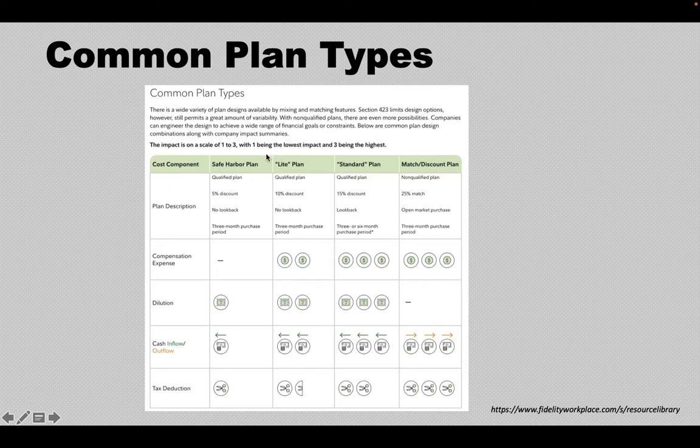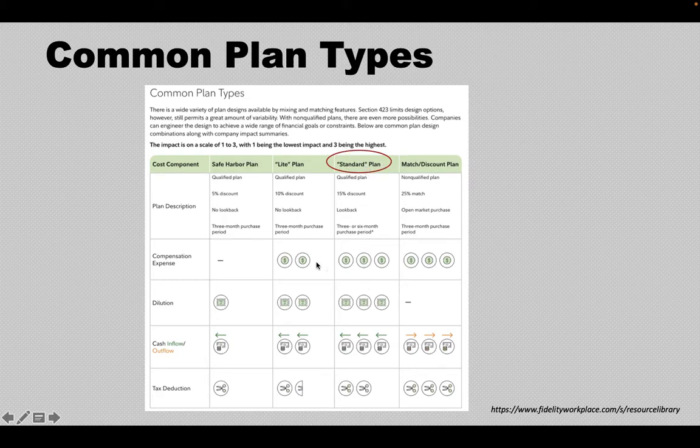You can see here this is a common type of ESPPs. There are 4 different types. You can create an ESPP through a safe harbor plan, which is cheapest and has less impact to the employer. I think it's less used and less beneficial to the employee. Anyway, the most common type is this standard one.